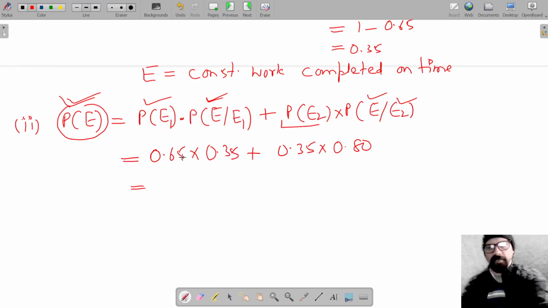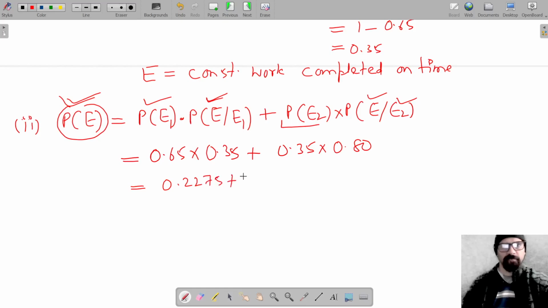So 0.65 into 0.35 is equal to 0.2275. Plus 0.35 into 0.80, which is equal to 0.28.